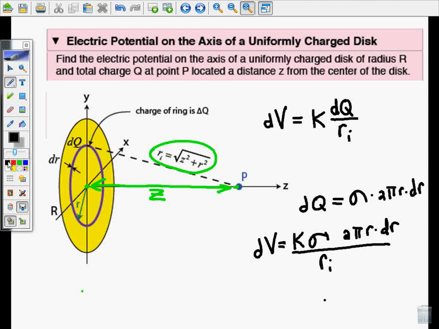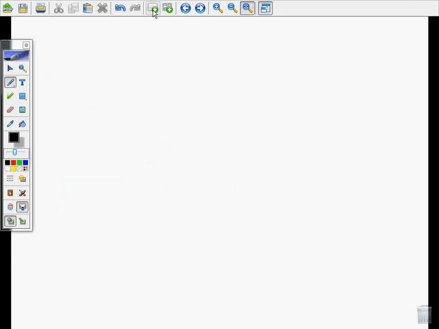So the integral of the total potential at P is going to equal, from 0 to capital R, and what did we have?